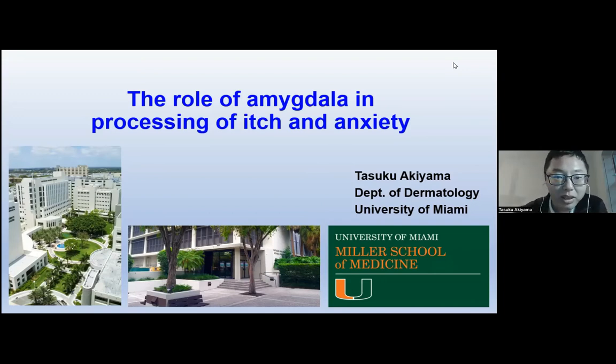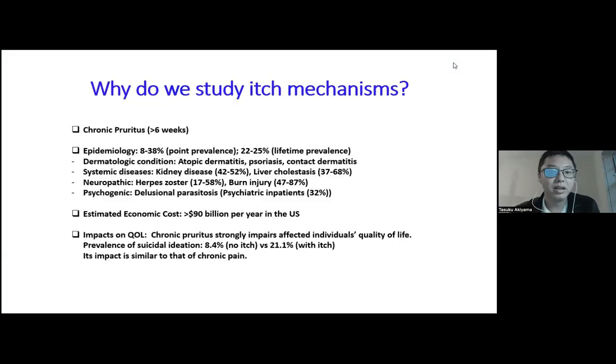Today my topic is the role of the amygdala in processing of itch and anxiety. You may have a question why we study itch. I think most of you have experience being bitten by a mosquito, and at that time most of you probably feel the itchiness, and that type of itch is easy to deal with.